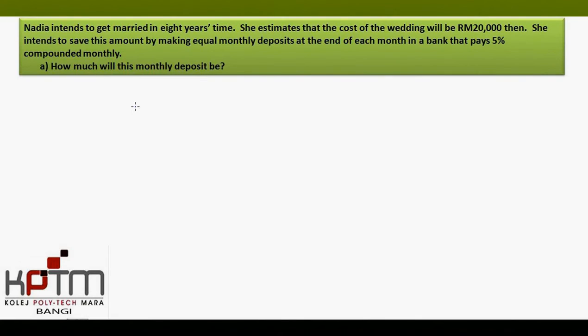Okay, let's solve the problems together. Nadia wants to get married in 8 years' time. She intends to have 20,000 ringgit in her account at the end of 8 years. As we discussed before, R is the monthly deposit that Nadia should save monthly.